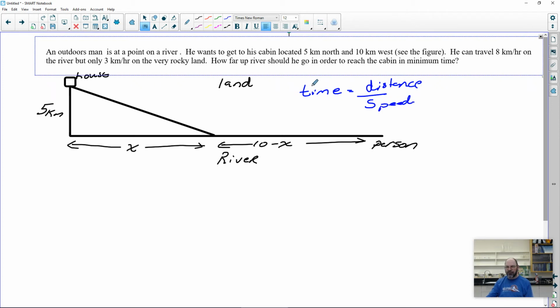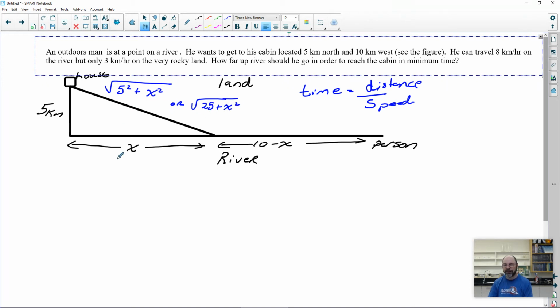We're going to minimize this time, but we first have to calculate all the distances. This distance, we have 10 minus x, no problem. This distance we don't know, but we can look at the sides of the triangle. That's going to be the square root of 5 squared plus x squared, or root of 25 plus x squared.